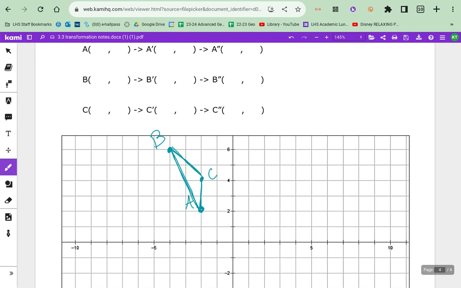It looks like this. So make sure you've labeled your points.